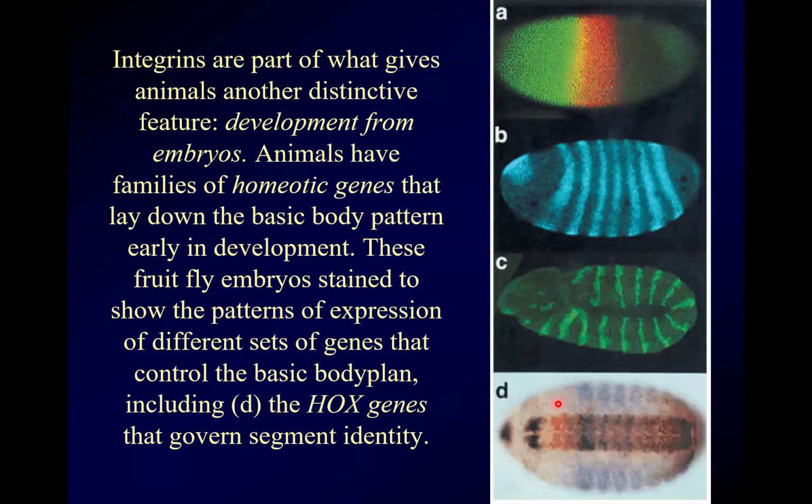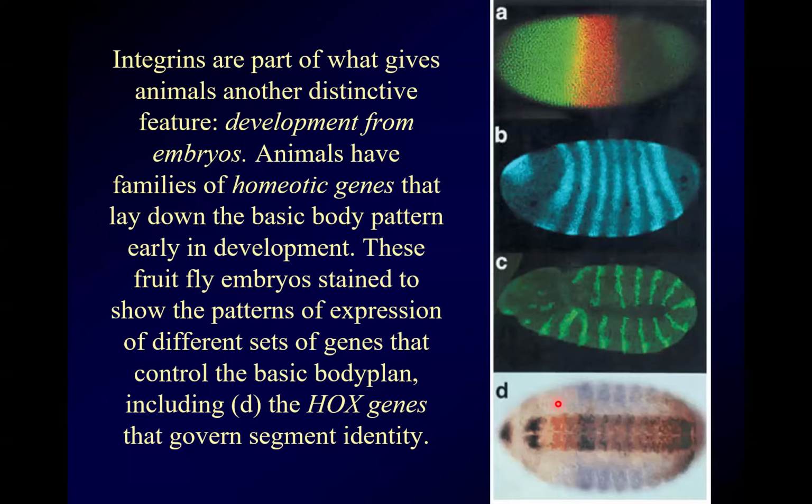And this ability to specify different regions of a developing embryo by having whole batteries of genes at one level that promote and repress sets of genes at a lower level is basically how you build an embryo and ultimately an adult from a single fertilized egg.